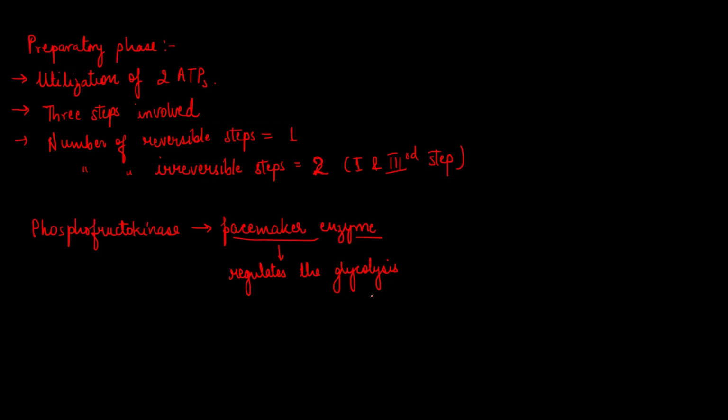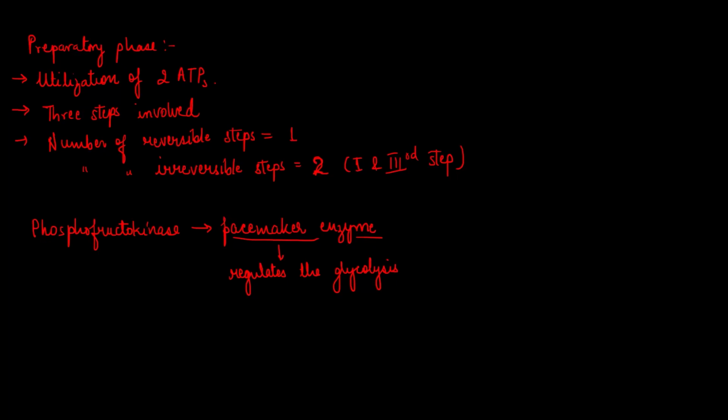So on what basis does it regulate glycolysis? We know that the ultimate goal of glycolysis, or of respiration overall, is the production of energy, right? So when does the cell know that it requires glycolysis to take place? It sees the amount of energy present in the cell. If the amount of energy present is adequate, then glycolysis won't happen because the cell will not need ATP.